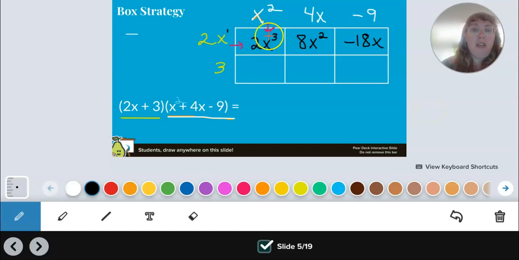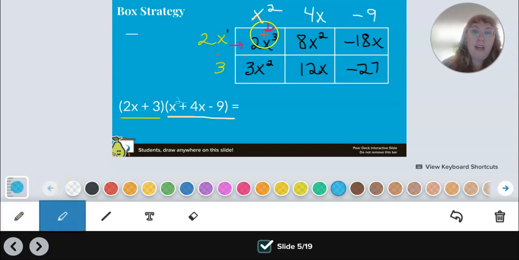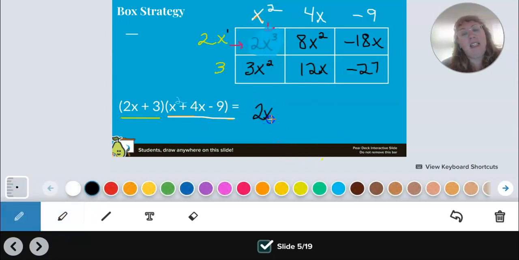Beautiful. Down below, we have a 3 times an x squared is 3x squared. 4x times 3 is 12x. And negative 9 times 3 is negative 27. Beautiful. And when we look for like terms that we can combine, we see this 2x cubed. There's no other x cubes, so that just stays as is.